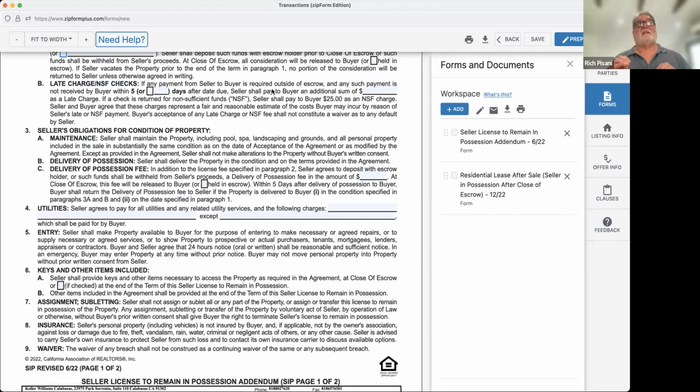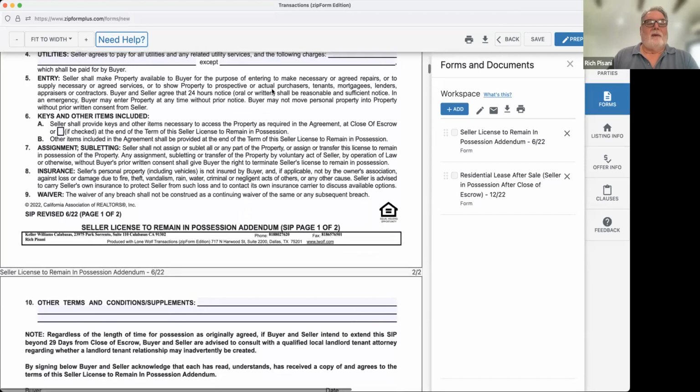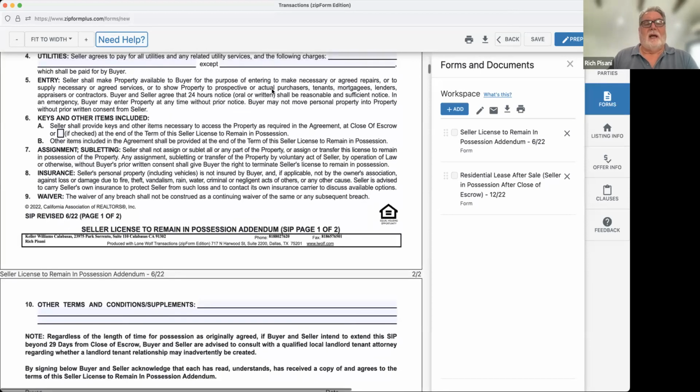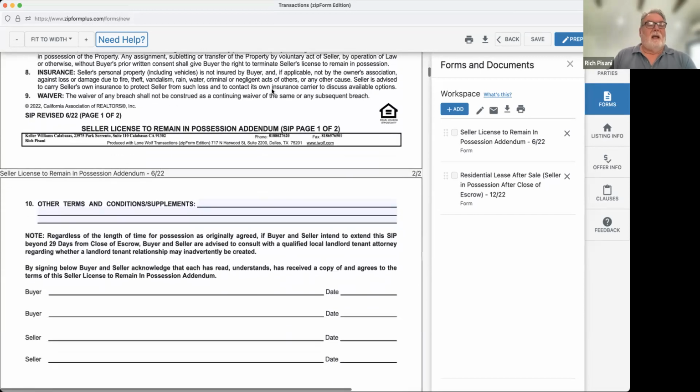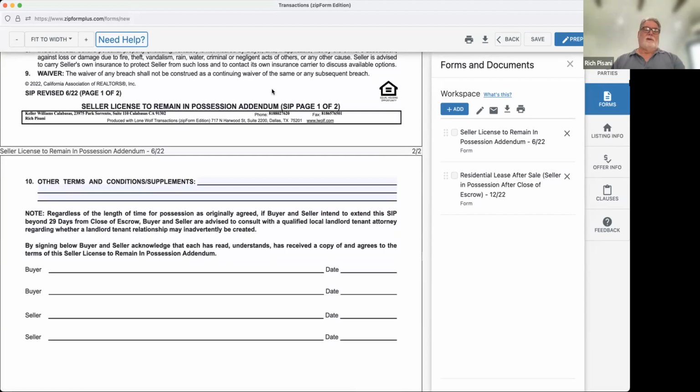Now, if I was the buyer, I would insist that they get or hold some sort of insurance. And I will also show you where you would do that. Waiver. The waiver of any breach shall not be construed as a continuing waiver of the same. Okay, that's legalese.